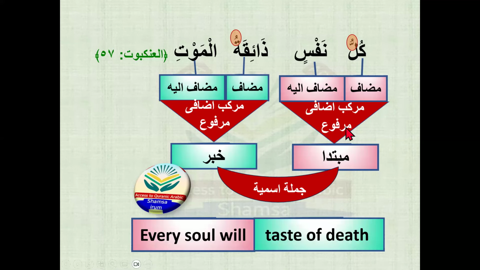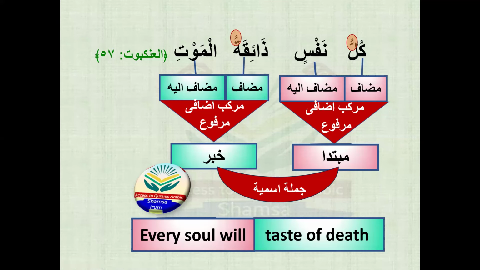Now, many sisters will think that mubtada should be ma'rifa. Why is this kullu nafsin nakira? How do we know that it is nakira? Because the mudafun ilay is nakira. It means the whole murakab izafi here is nakira. And why is the mubtada nakira here, while we know that mubtada should be ma'rifa?